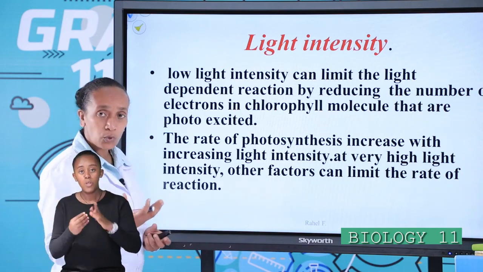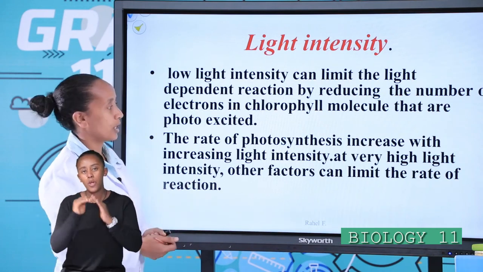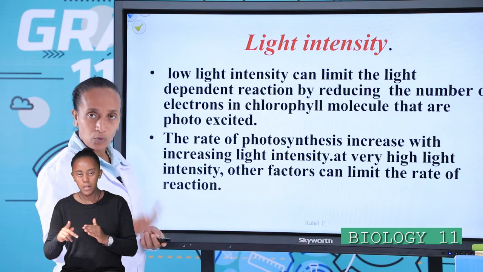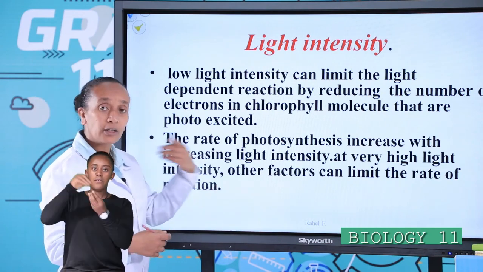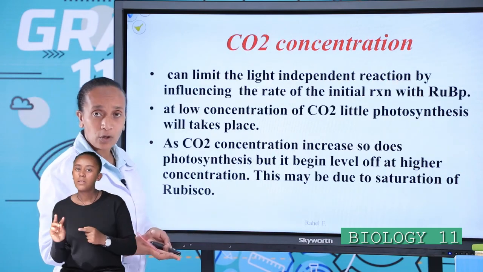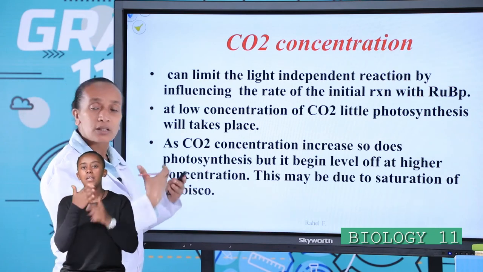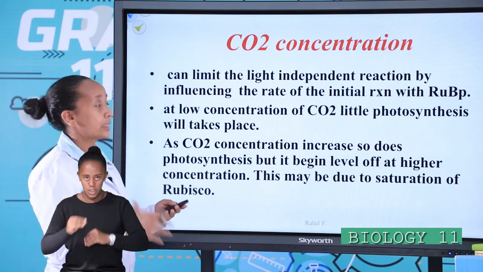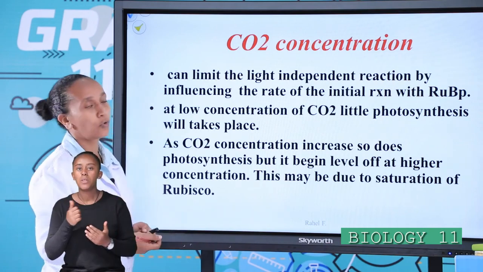If this process is affected, the amount of ATP and reduced NADP produced will also be affected. Therefore, high light intensity can increase the rate of photosynthesis. The second one is carbon dioxide concentration, which has direct relation with the second stage of photosynthesis, the light-independent reaction, so it can reduce glucose formation.